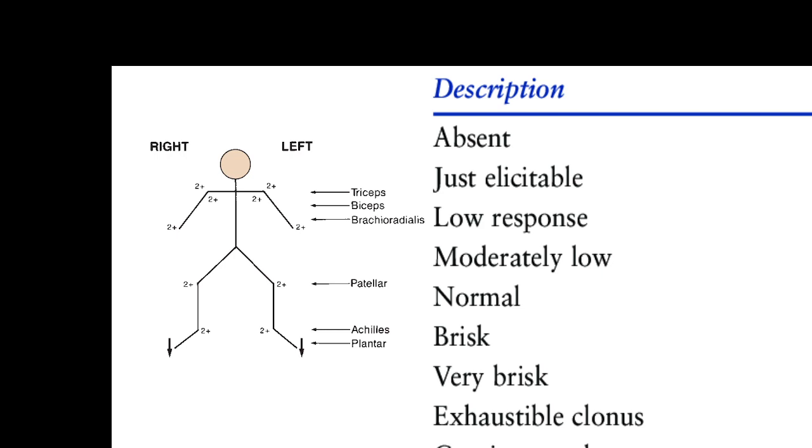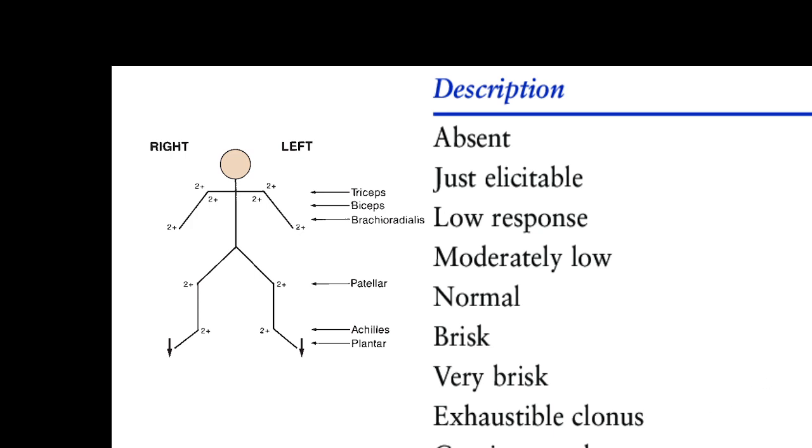The same method can be applied to other muscles too, and they can be examined likewise. Now, when reflexes are studied, they are usually noted as either absent, or very mild or just elicitable, or low response, or moderately low. Normal is when there is a smooth contraction, and exaggerated abnormality could be either brisk, very brisk, or there could be exhaustible clonus, a clonus which lasts for a few seconds or 2 or 3 movements and then stops, or continuous clonus.